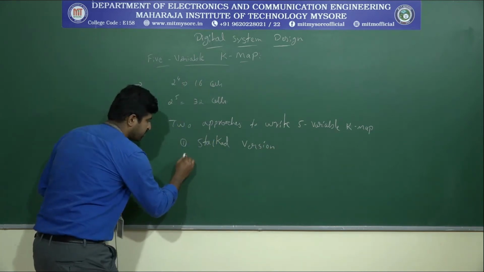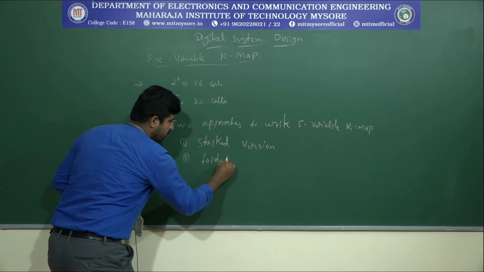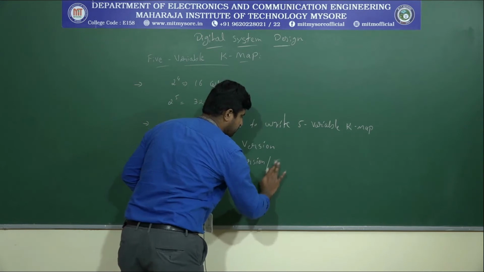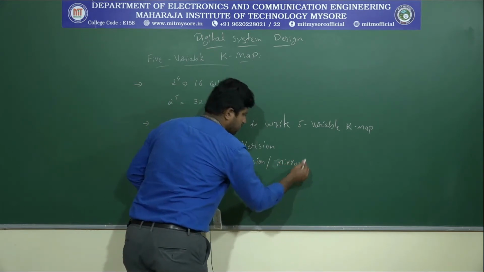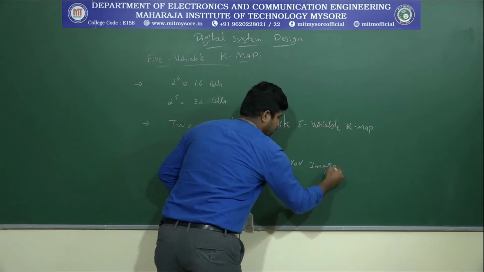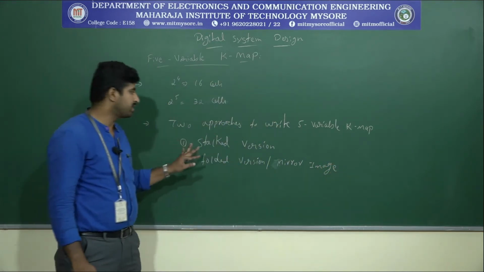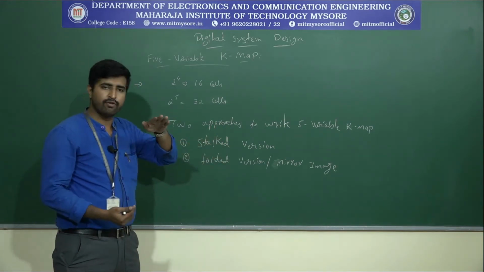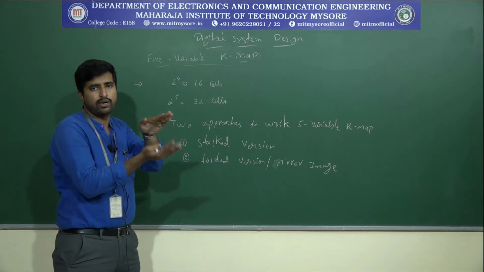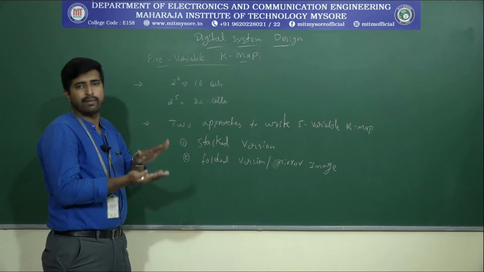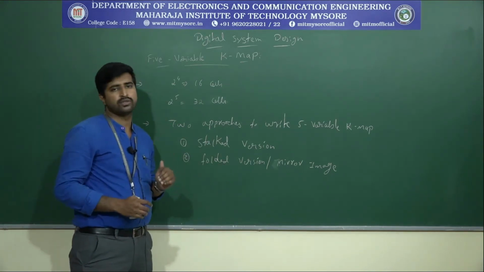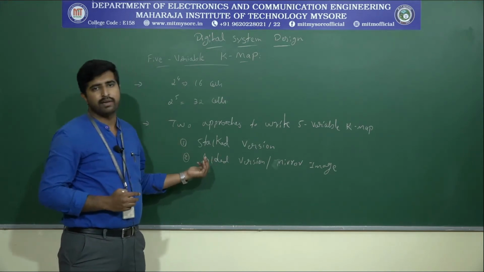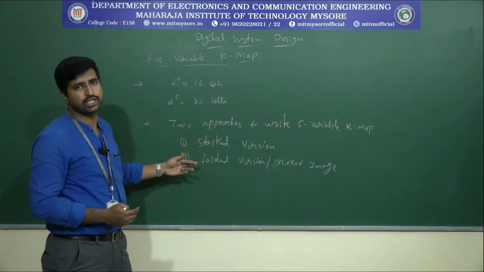Okay, and the second one is called the folded version, or even we call it a mirror image. So there are 2 ways we can write the 5 variable K-map. One is the stacked version. So that means one 4 variable K-map will be stacked on another. So that is going to make a 5 variable K-map. Another is called the folded version. So the 4 variable K-maps will be written side by side, and that is going to make a 5 variable K-map. Okay, let's see both versions, how we are going to construct them.